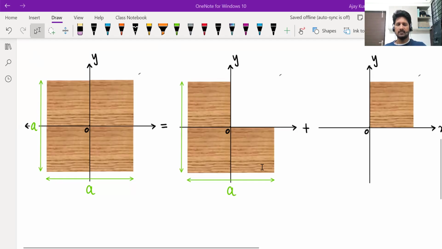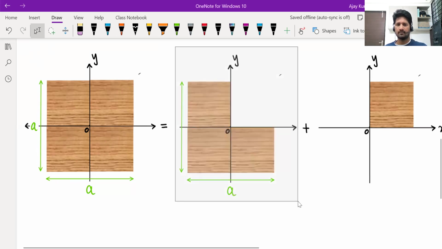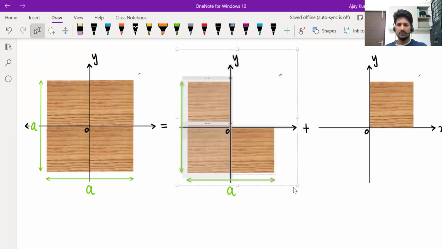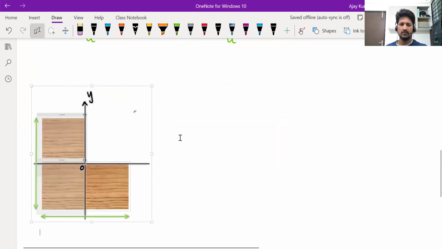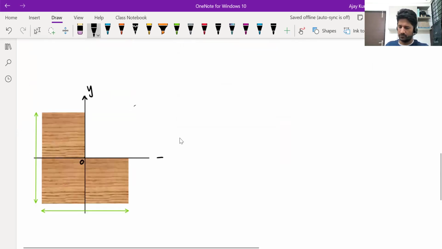The L-shaped part is the full square minus the small square. Yusuf, is this point clear or not? Yes, sir, clear, sir. Okay. Let me write it that way. You'll understand why we take it like this, or how it is useful if you take it like this.